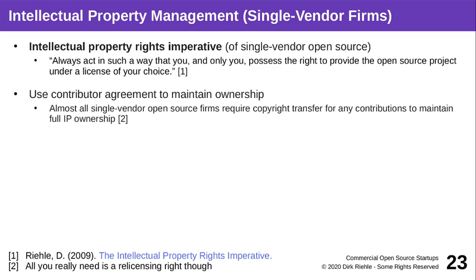It has led to what I call the intellectual property rights imperative of single vendor open source, which is that you should or must always act in such a way that you, the vendor, and only you possess the right to provide the open source project under a different commercial license of your choice. Could also be another open source license, we'll see about that. But the key is there should only be one company, and that company must maintain that possibility to multi-license the software.